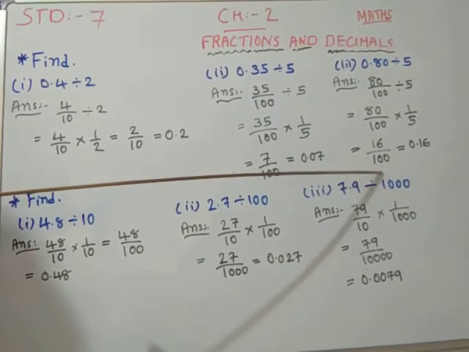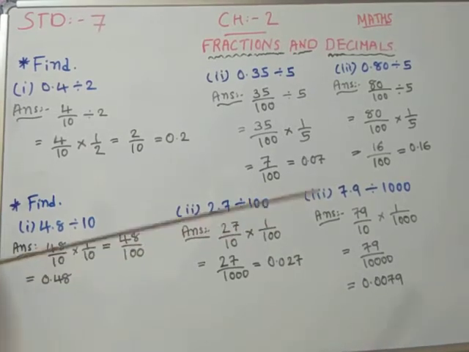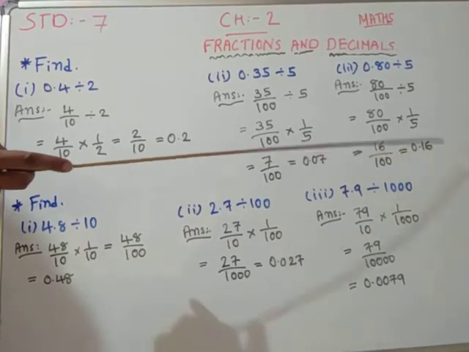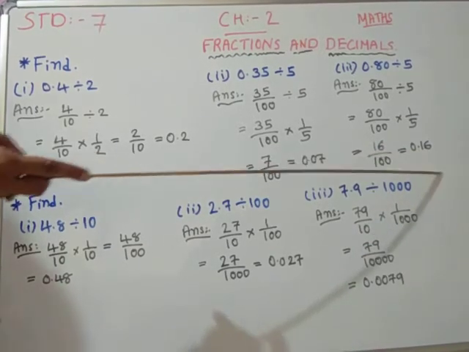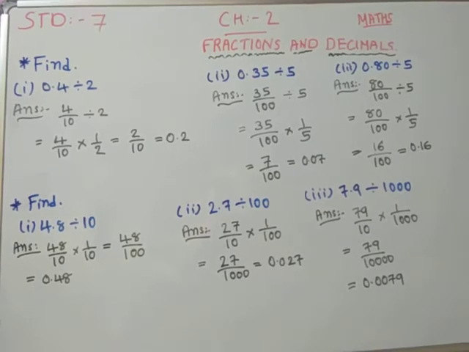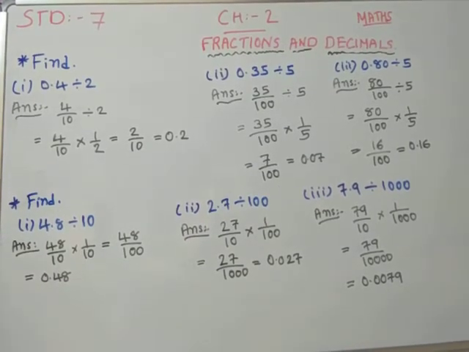Below there are 2 zeros, so you have to put the decimal point from the right hand side. Count the 2 digits and put the decimal point. So 1 and 2, put the decimal point here. So it's 0.16.